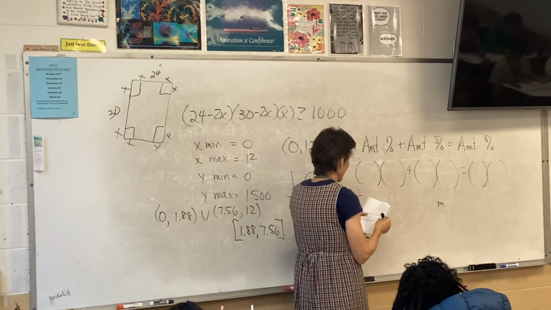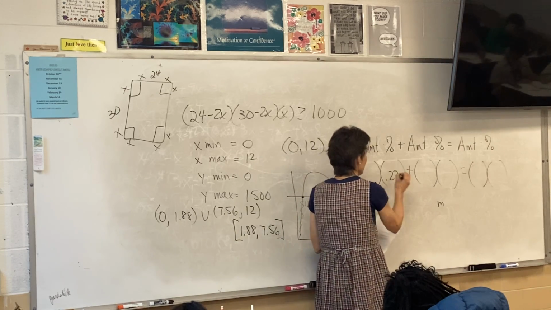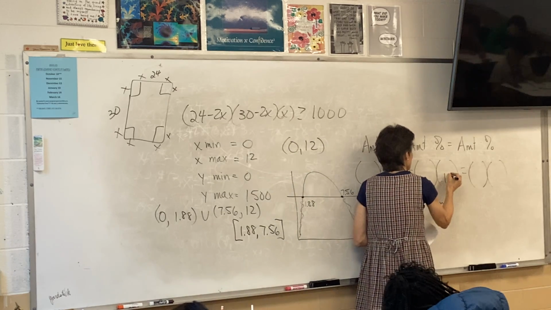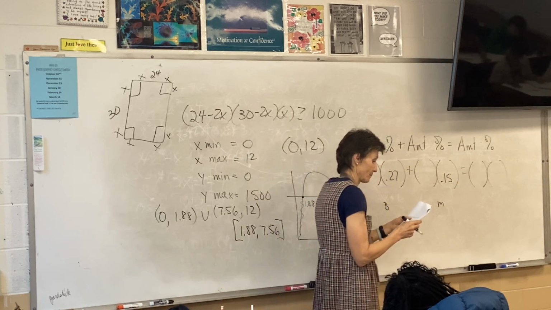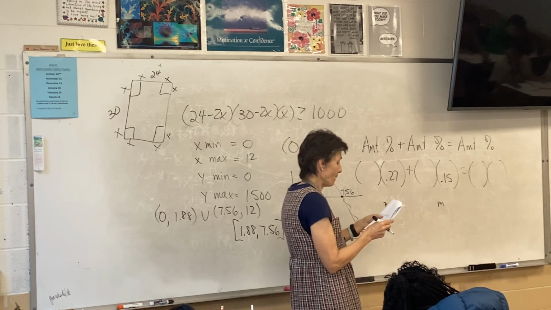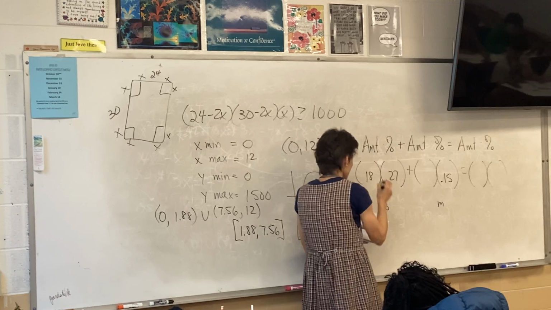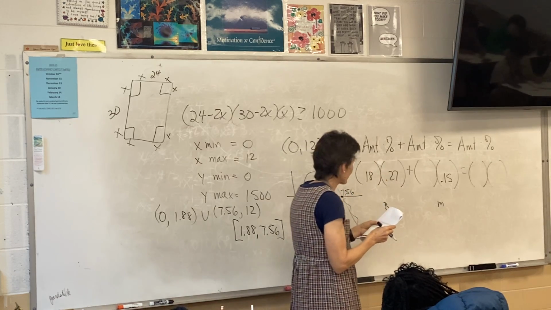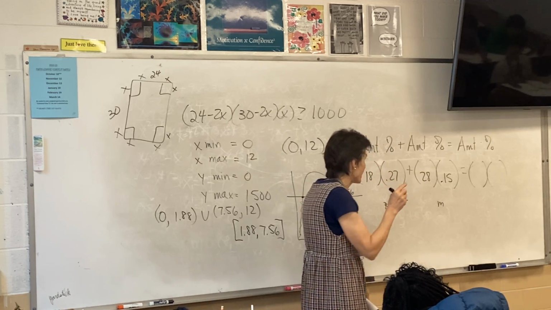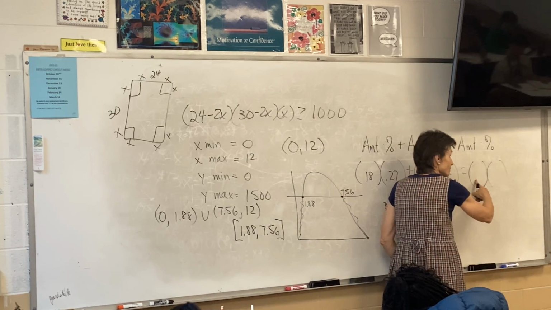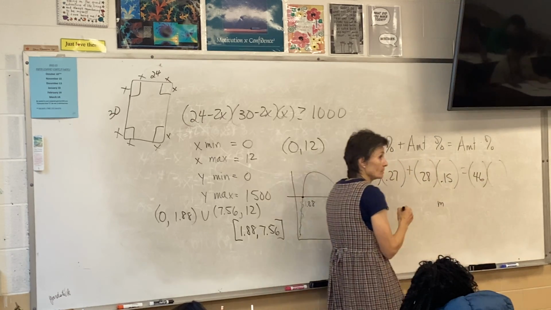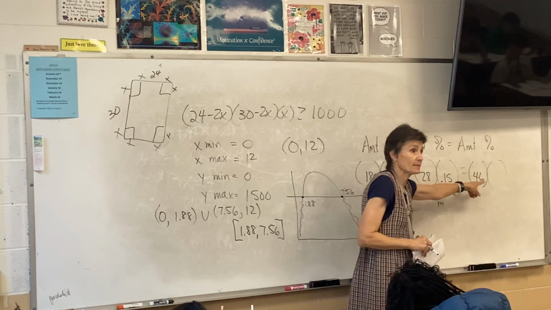Bob likes lemonade that's 0.27, and Max likes lemonade that's 0.15. Bob dumps in 18 ounces. Max contributes 28 ounces, which, oh, by the way, means what's this? 46. Aren't these two being mixed together to get the end result?